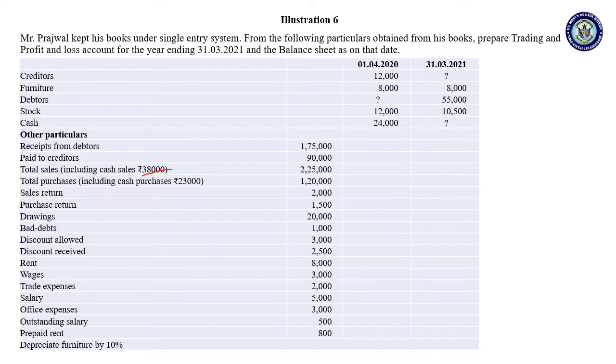My total purchase is 1,20,000, out of which cash purchase is 23,000. So 97,000 is the credit purchase, that is the remaining figure. 1,20,000 minus 23,000 comes to 97,000. So 97,000 is the credit purchase, and 23,000 is the cash purchase.